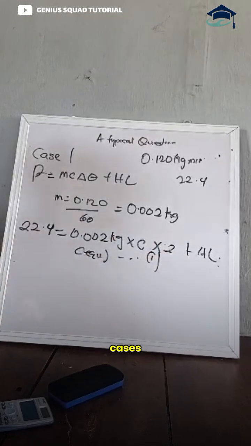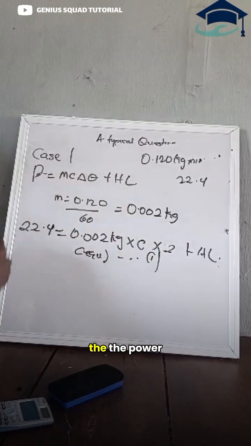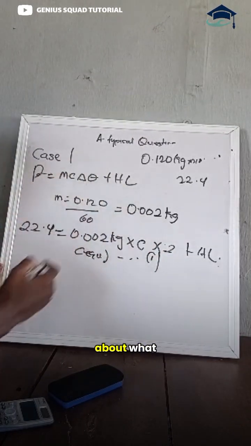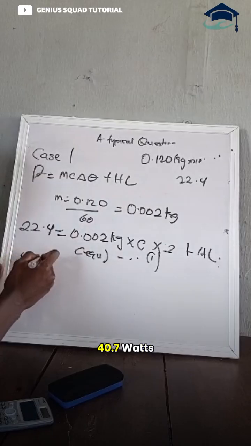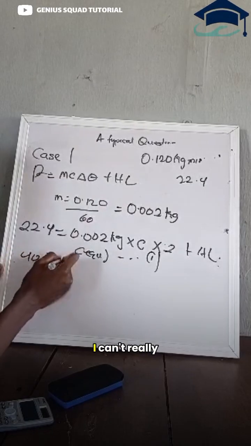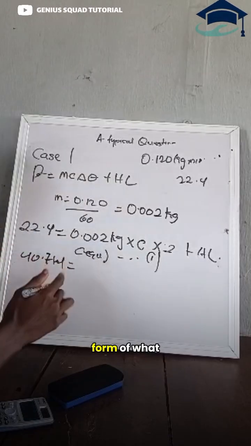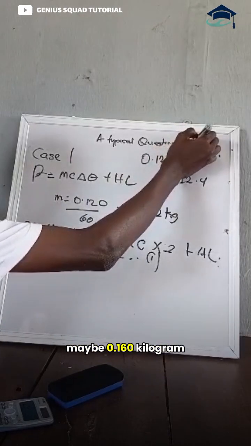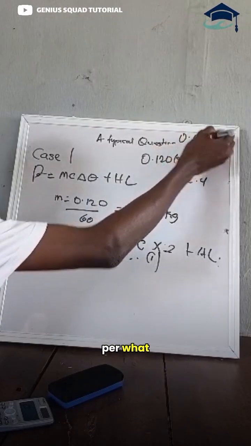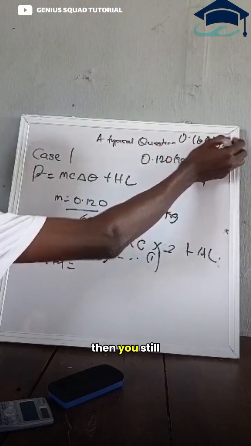Then to the second case. Let's say the power has already changed to about 40.7 watts. I can't really remember the parameters. But then I still give you the mass in the form of maybe 0.160 kilogram minute again. Then you still have to convert.